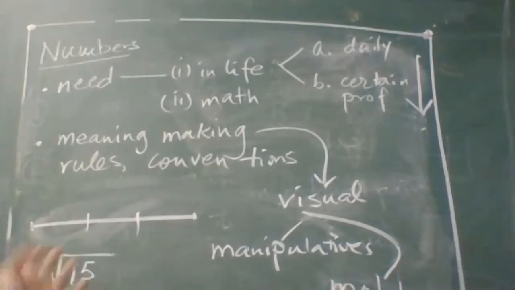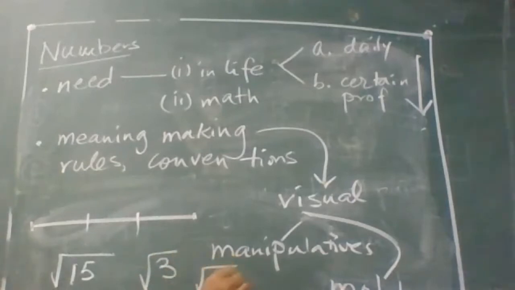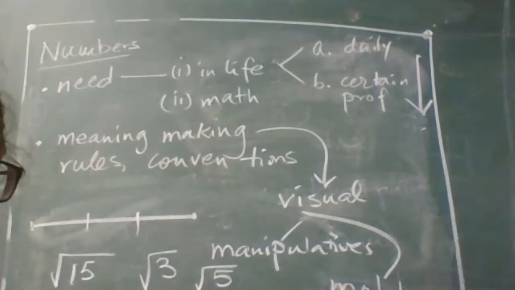There may be more than one way to draw it, or root 3 or root 5. These are all constructible numbers.